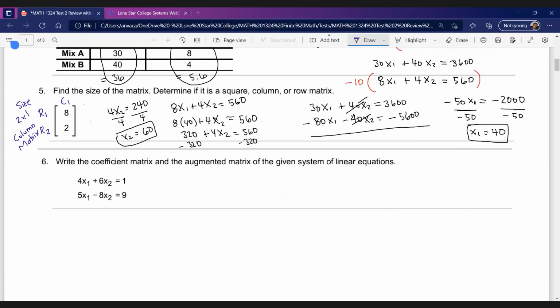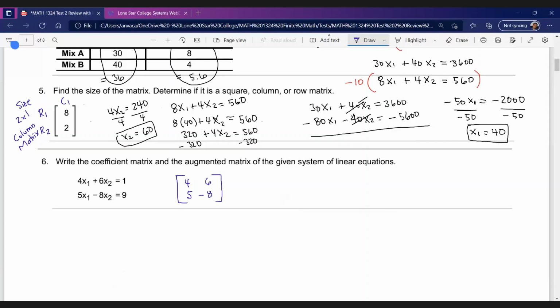All right, that's the end of that one. For example 6, it says write the coefficient matrix and the augmented matrix. So therefore, you should have 2 answers here. The coefficient matrix will be the matrix with the coefficients of the variables.